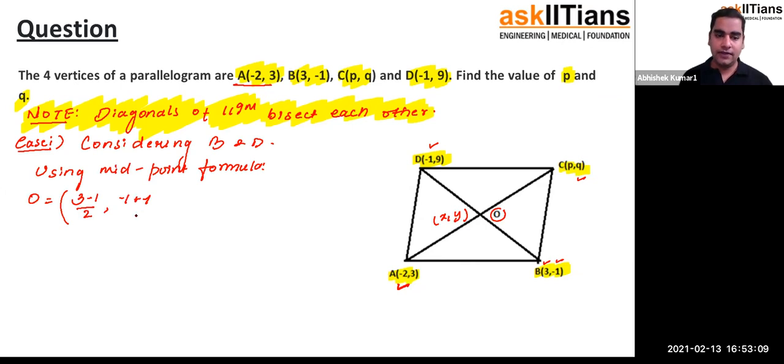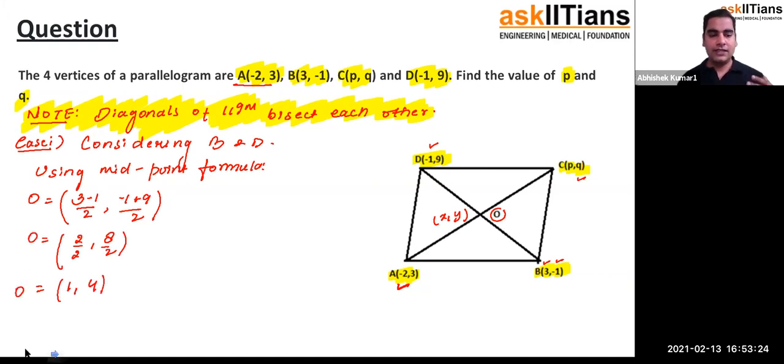If you simplify it more, what will you get? You will get 3 minus 1, that is 2 by 2, and here you will have 8 by 2. So that is going to give you 1 comma 4. That's the coordinate of point O when we considered B and D.